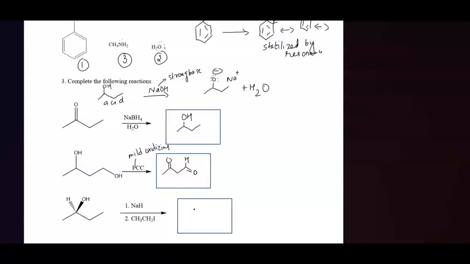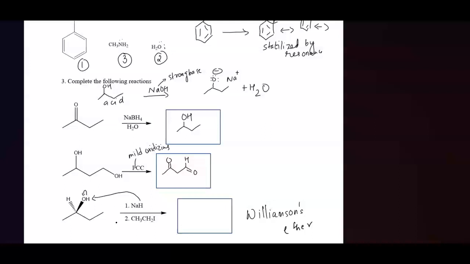And the next one is a Williamson's ether synthesis. If you look at the ingredients of it, we have an alcohol, a base, and an alkyl halide. So the first step would be where the hydride removes the proton and puts the electrons over here.